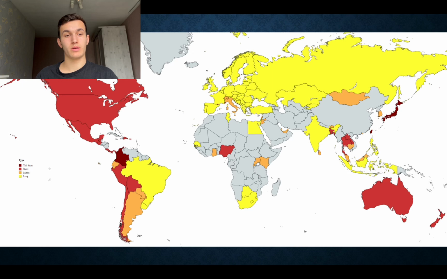There's gonna be 3 types. The tall and short, which is basically only Colombia and Japan. There's short license plates, which is basically on the western coast of the Americas, besides Ecuador and Colombia.